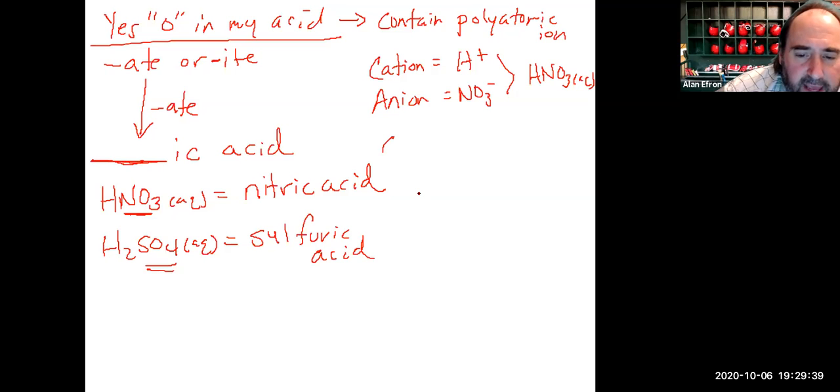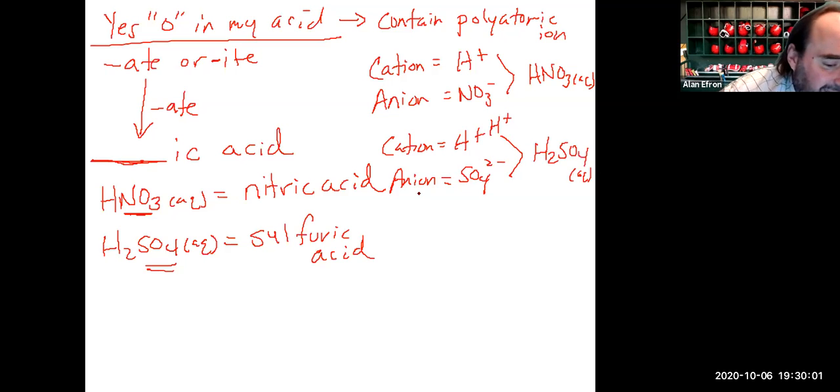Now, when we have our cation, that is our H+, and our anion in the second case, which is our sulfate, when we put these together to balance out the charge, because it ultimately is an ionic compound, we actually need two hydrogens to balance that out. And that's how we get to H2SO4. And it's also known as a diprotic acid. It has two H's that could come off one at a time. So if your polyatomic ion ends in ate, your acid will be something ic acid.